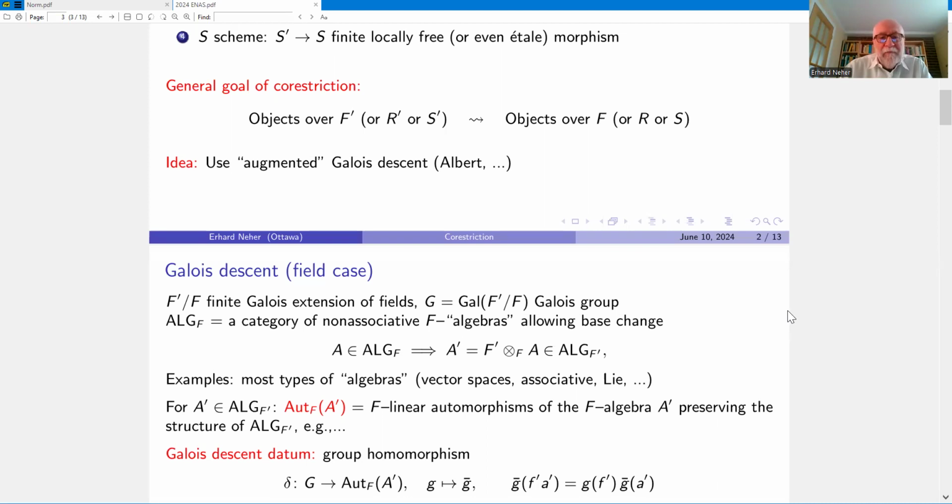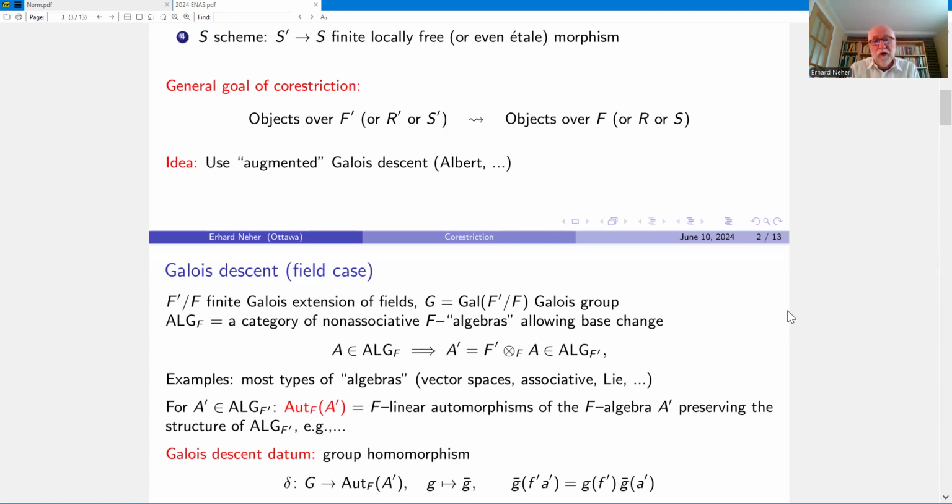So we take an object in this category, capital A prime, and now we can restrict the scalars from F prime to F. And then this allows me to introduce the F-linear automorphisms of the F-algebra A prime, preserving the structure of ALG over F prime.